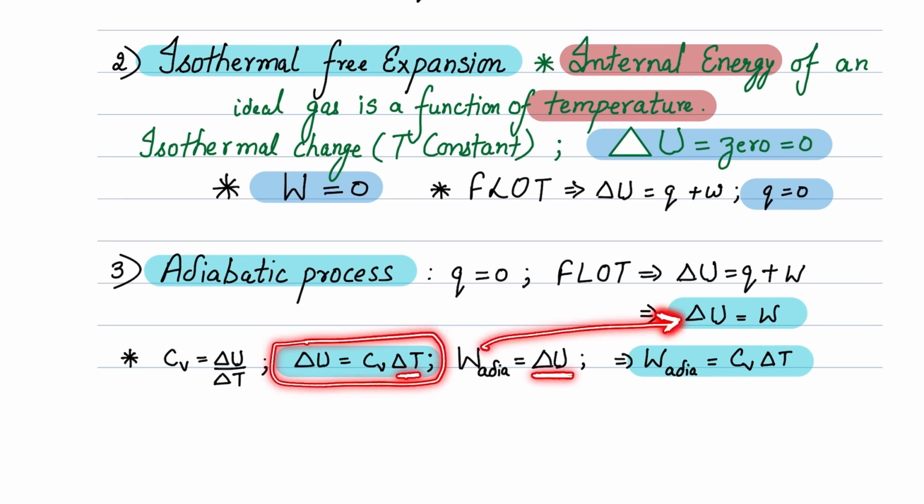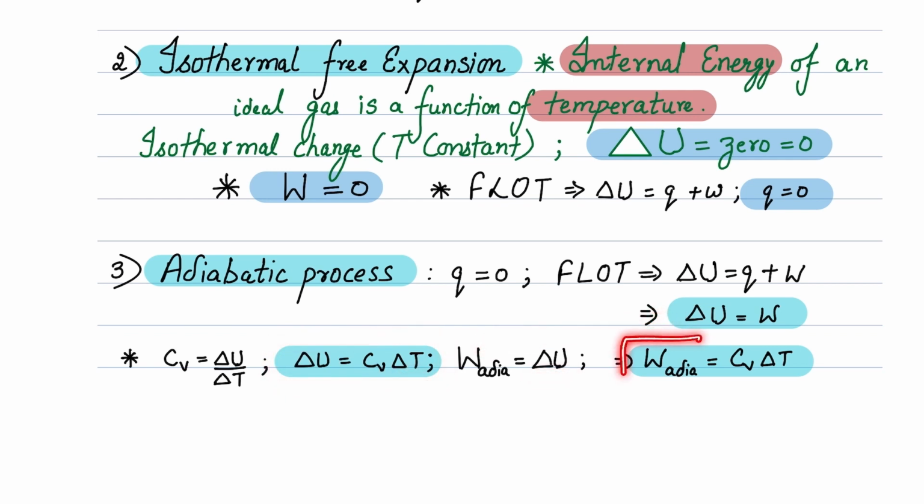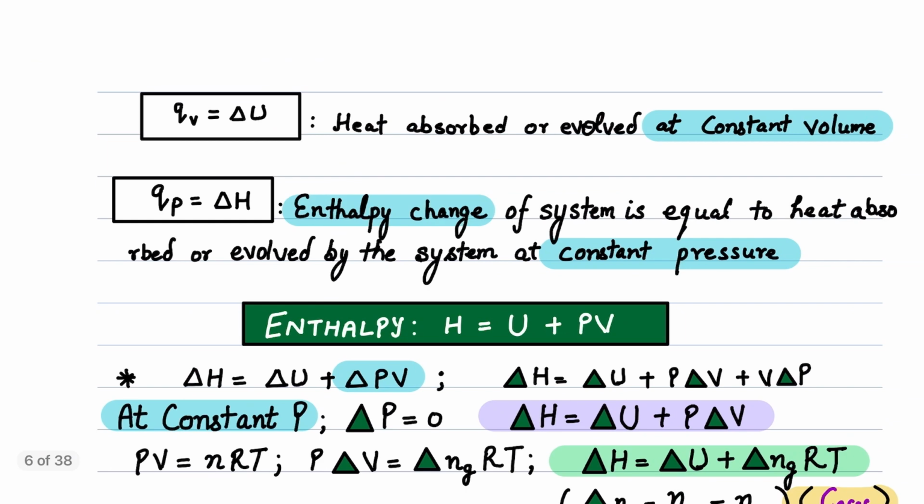So I can replace the value of delta U here. So work done in the case of adiabatic process is equal to CV delta T. This is a very important formula for competitive exams like IIT-JEE and NEET. Work done in the case of adiabatic process is CV delta T.